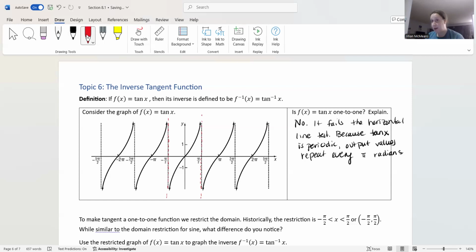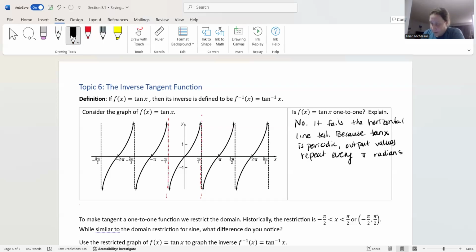Now, here's the issue. At exactly negative pi over 2 and exactly positive pi over 2, can we be exactly those values? And the answer is no. Those are actually vertical asymptotes for tangent. That means at exactly negative pi over 2 and exactly pi over 2, tangent's not defined. So our restricted domain is not exactly the same as sine's, because it's not going to include those endpoints.